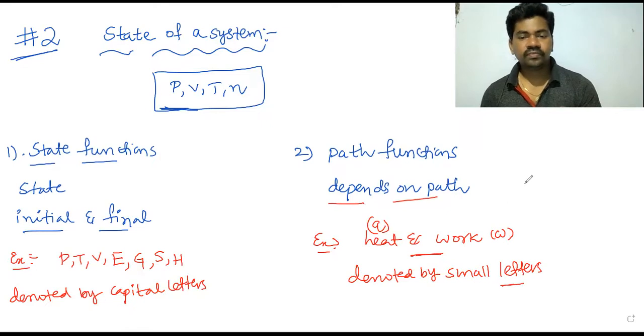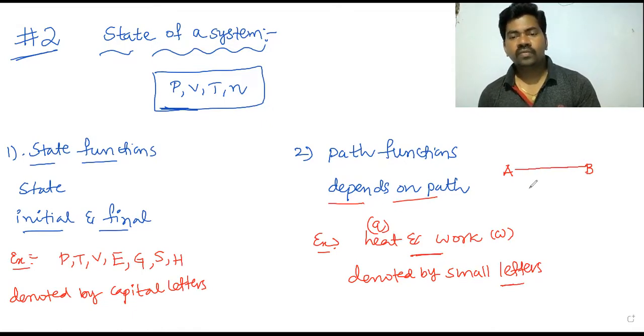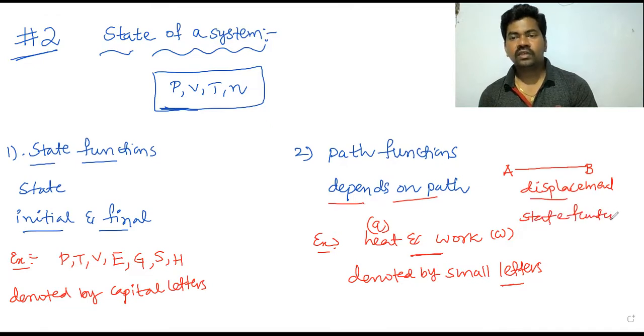For example, there are 2 points A and B. Here A to B, this is displacement. This is the shortest path from A to B, displacement. It is a state function. It means it depends upon the initial and final state. The next, there is an actual path.